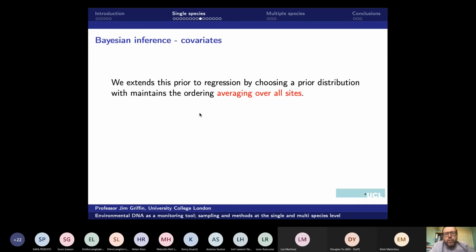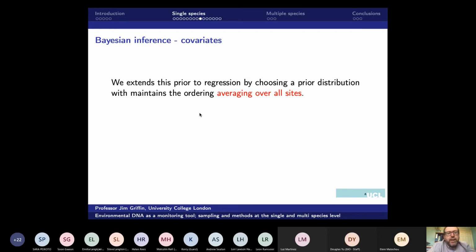So we can extend this prior distribution into the situation where we have covariates by imagining that we're averaging. Once we have covariates, we're effectively going to have different priors on different sites. They're going to be highly correlated, but slightly different. So what we do is average over all the sites.